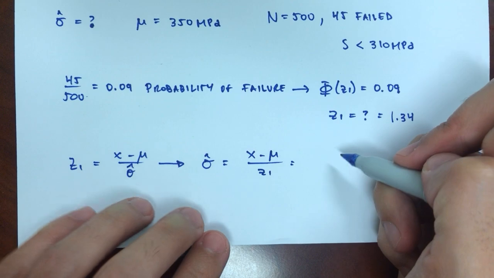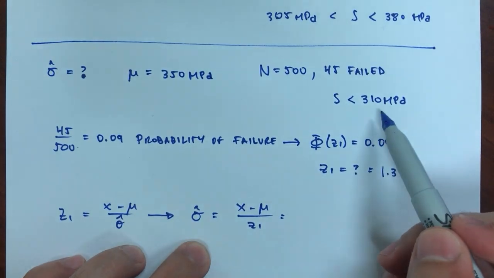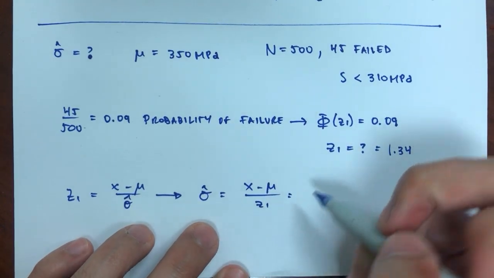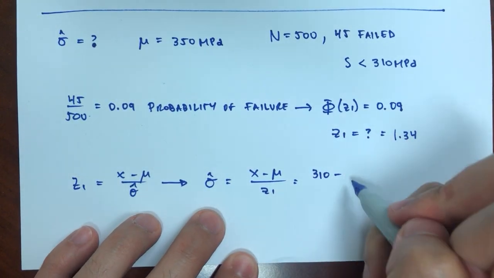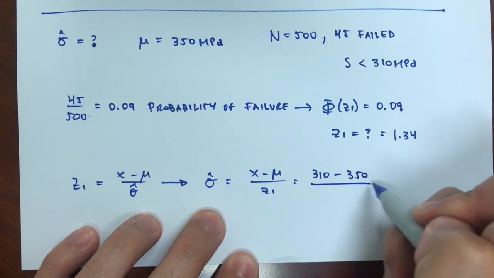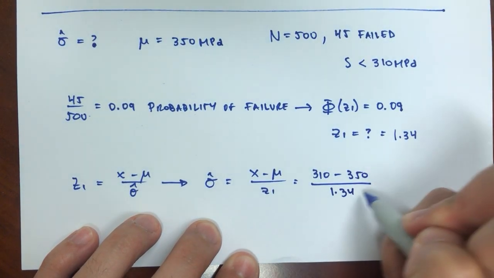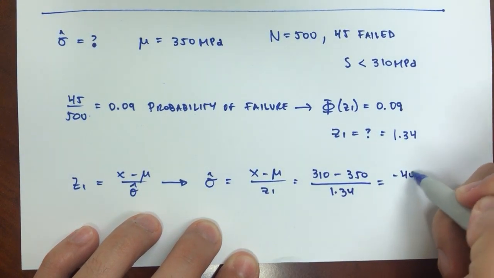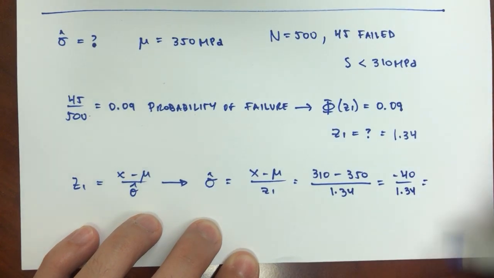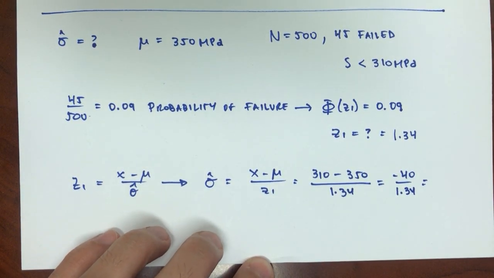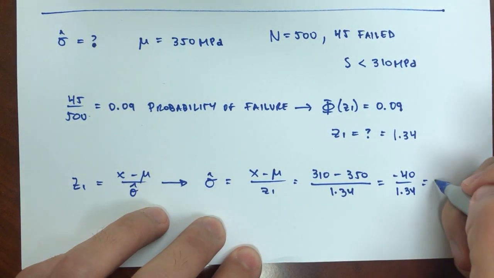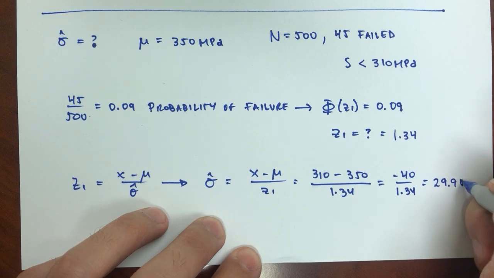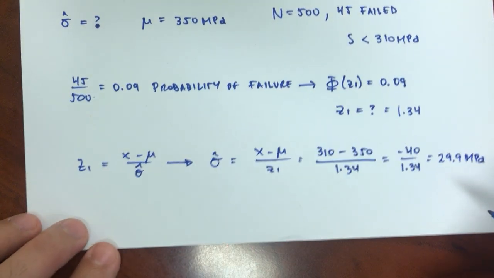X is the property that I'm looking for the probability of, 310. The mean was reported to be 350, and the Z that I found is 1.34. So this would be minus 40 over 1.34, which is 29.85, 29.9 megapascals.